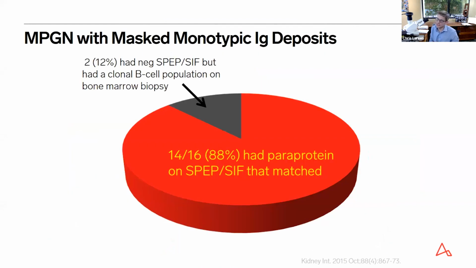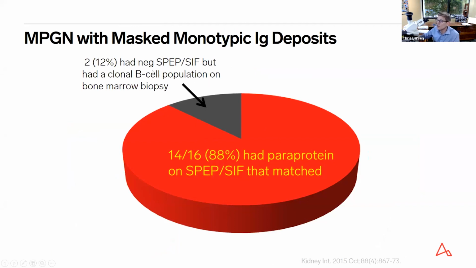Back to those 16 patients in the case series. Most of them had a monoclonal immunoglobulin on their SPEP that matched what we were seeing on the biopsy. So, MGRS lesion and the accompanying finding on the serum protein electrophoresis.